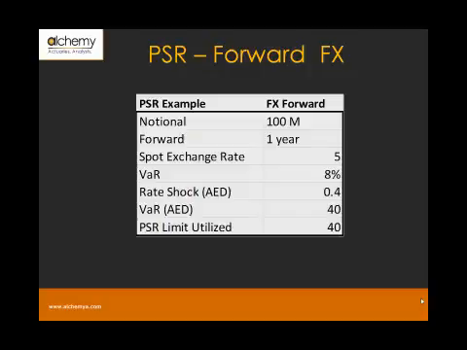I also have a PSR limit or a pre-settlement risk limit of 40 million. That's the limit that has been utilized for this specific transaction for this specific customer. And then I'll also have a total or a maximum PSR or pre-settlement risk limit, which would then give me an indication of what's my overall PSR exposure to this specific counterparty and this specific customer.